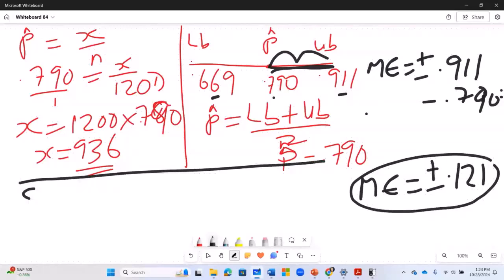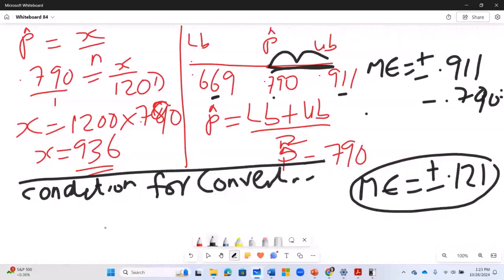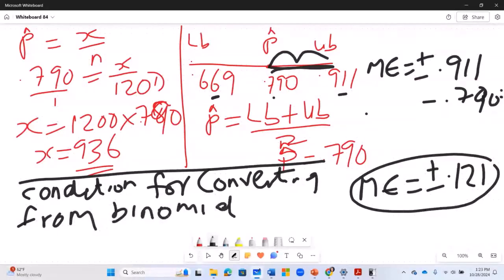Conditions for converting from binomial to normal distribution.